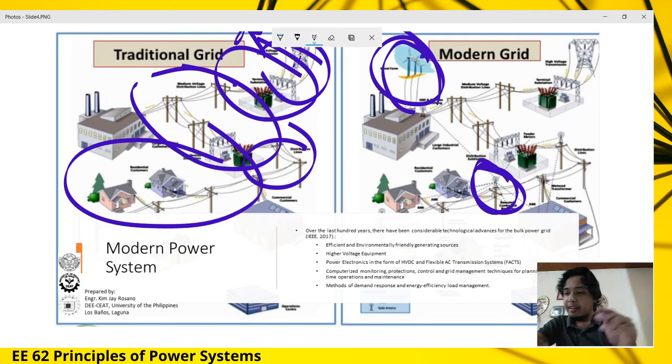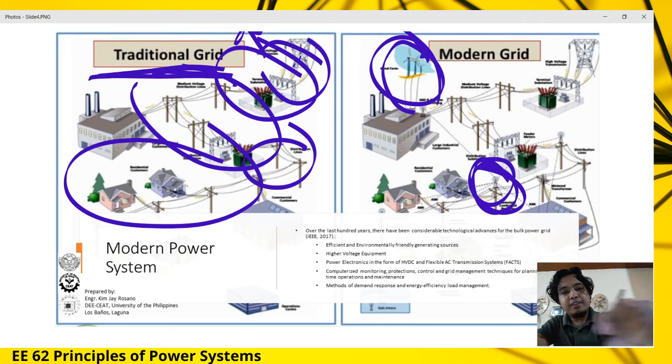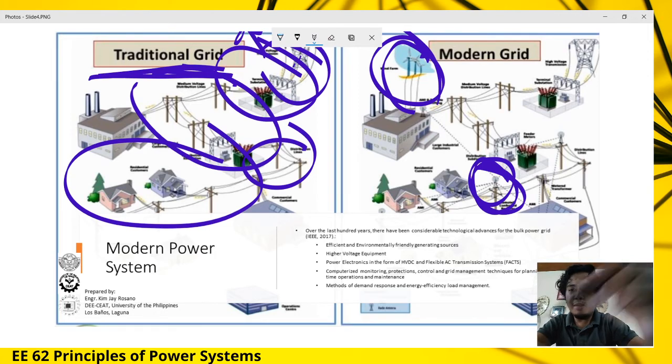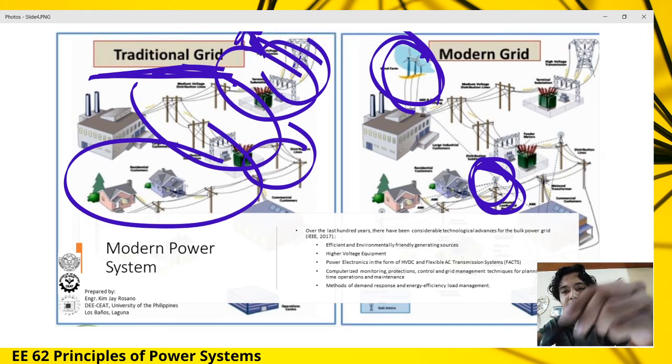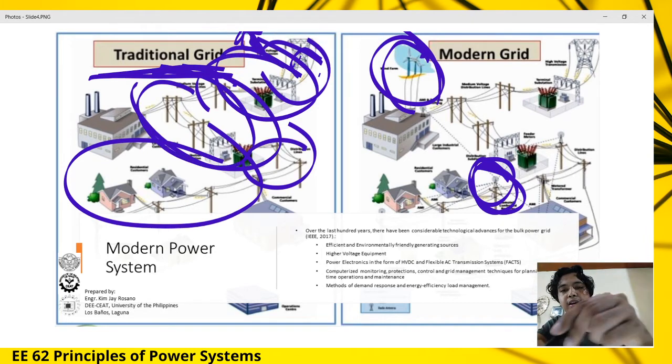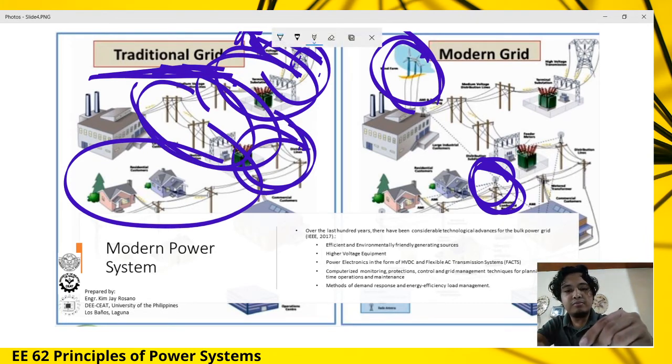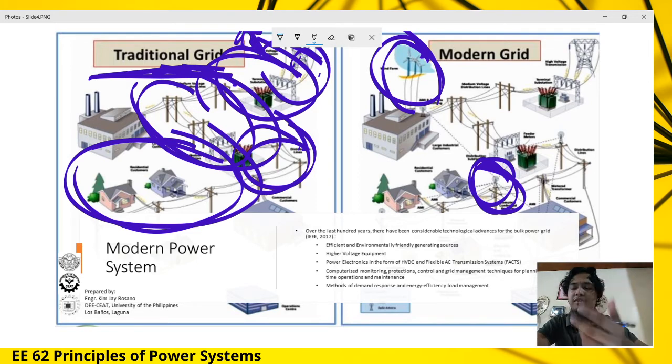But I guess what I want to emphasize here is now you have remote control devices. Okay? So from your traditional grid, that's the main purpose is to just generate electricity, transmit it through your transmission system, and distribute it to the end users here through your distribution system.